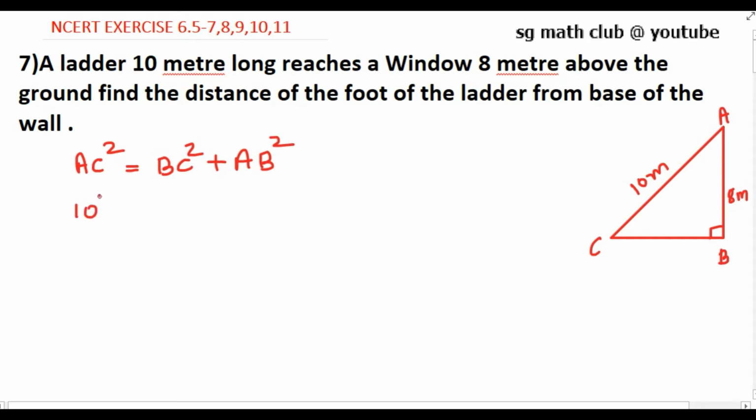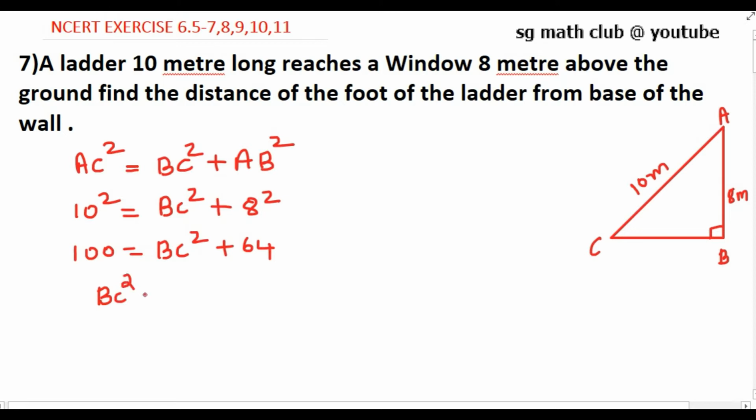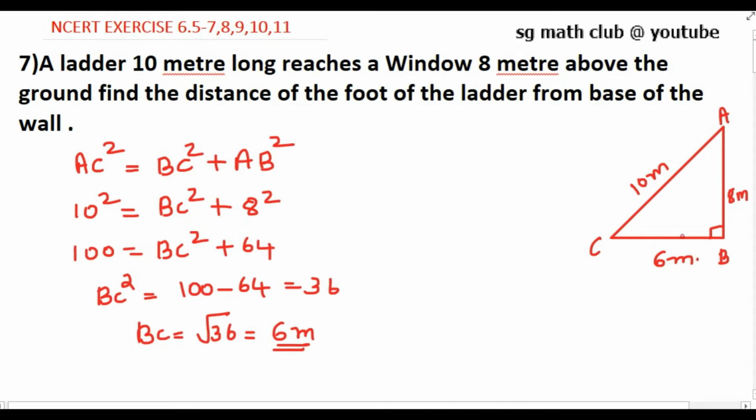Now we will substitute the values. 10 square is equal to BC square plus 8 square. 100 is equal to BC square plus 64, or BC square is equal to 100 minus 64, which is equal to 36. BC equal to square root of 36, that is equal to 6 meter. So the distance of foot of the ladder from the base of the wall is 6 meter.